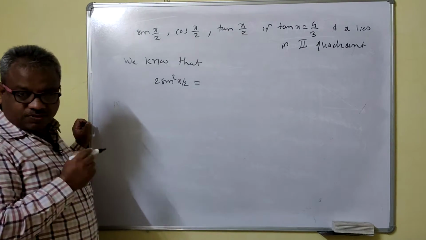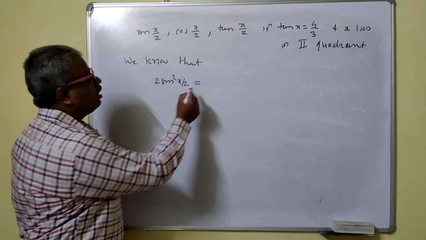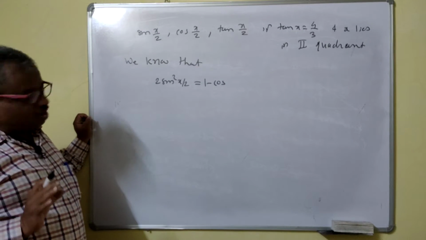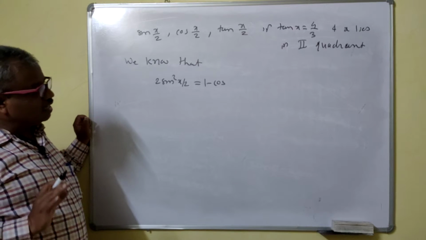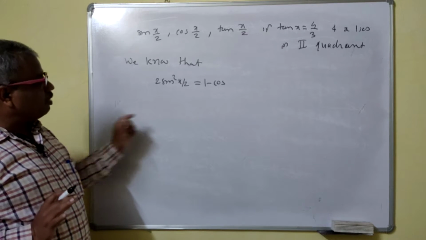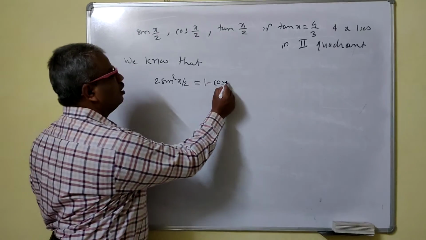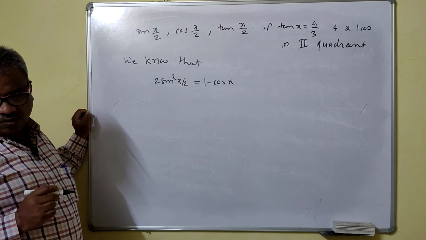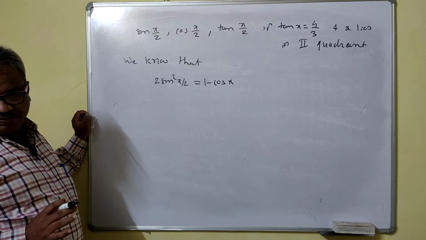If we have 2 sin square x and want to reduce the power, we write 1 minus cos, and whatever the angle is there, just multiply it by 2. So that will be cos twice x. Take the double of that angle. It is your formula, right?